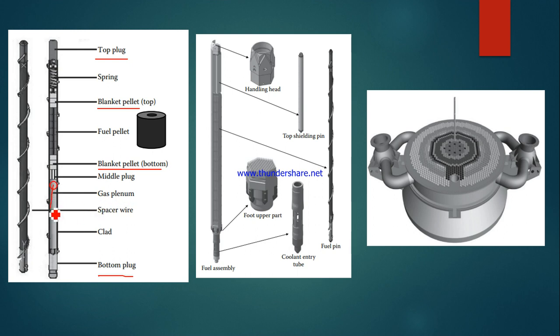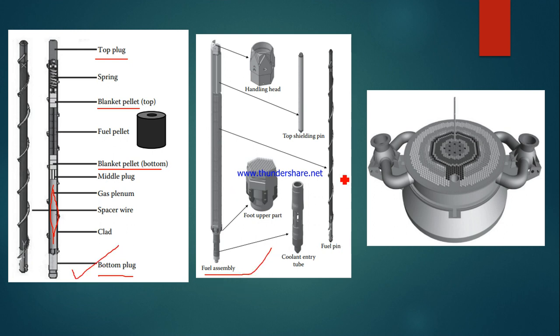Here all the fission gas will be accumulated, and these are the spacer wires, and this is the fuel subassembly. Here the coolant will enter, and this is the foot where the fuel pins are fixed.